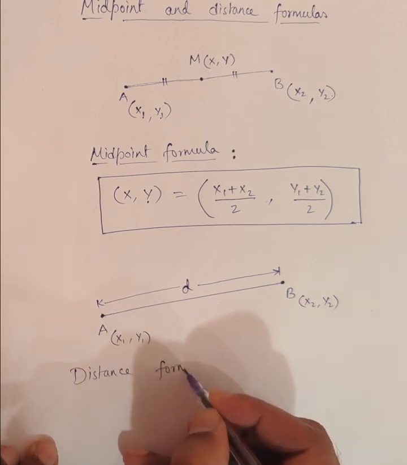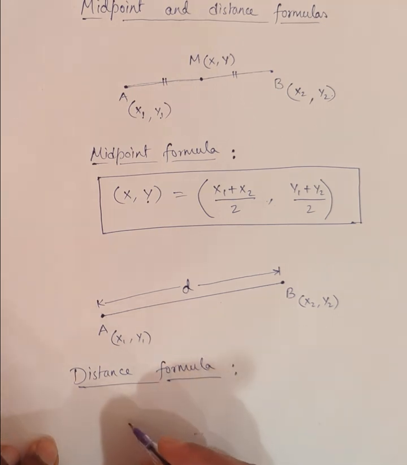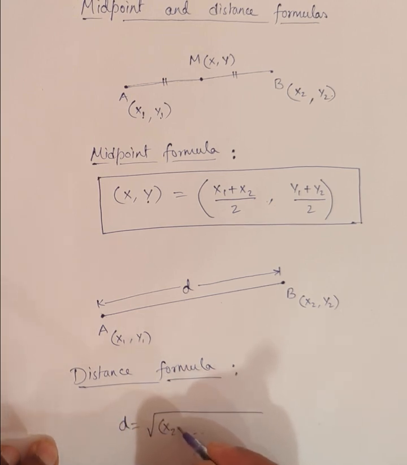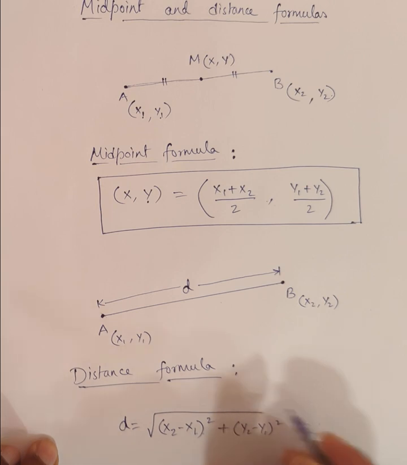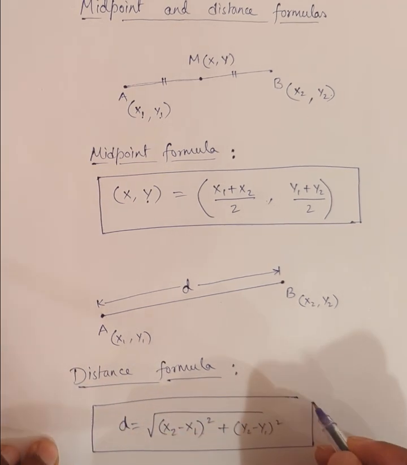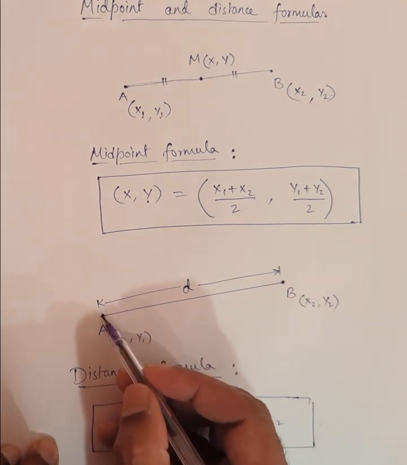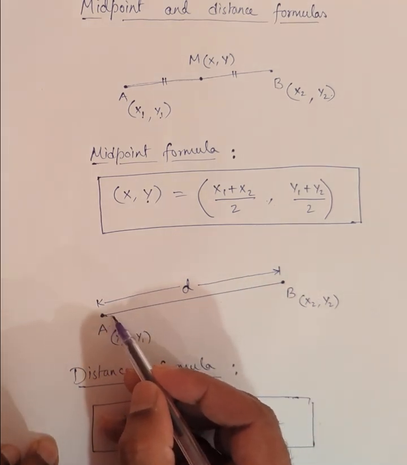So what is the distance formula? The distance formula says this: D equals the square root of the difference of x's square plus the difference of y's square. And that's because you can think of D as the hypotenuse of a right triangle.